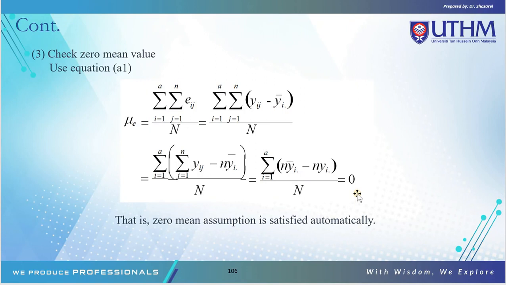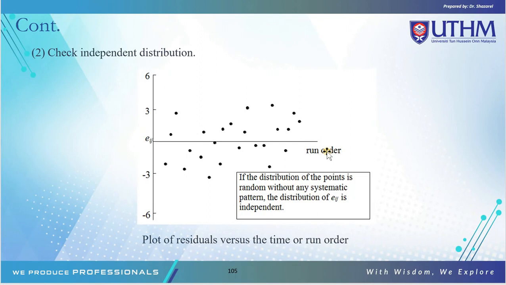Why should it be 0? Because if we look at this scatter plot, there are negative and positive errors. If we sum up all the errors, it should be 0 because the negative and positive values cancel each other out. It means the positive and negative values are approximately equal.